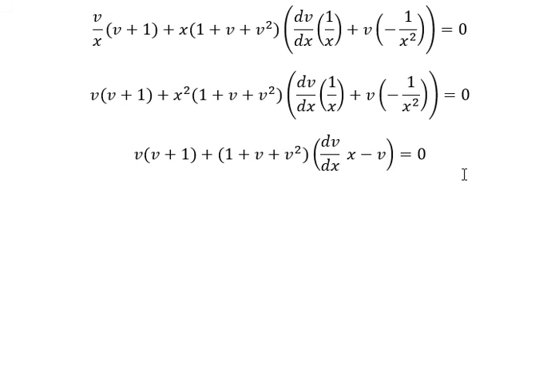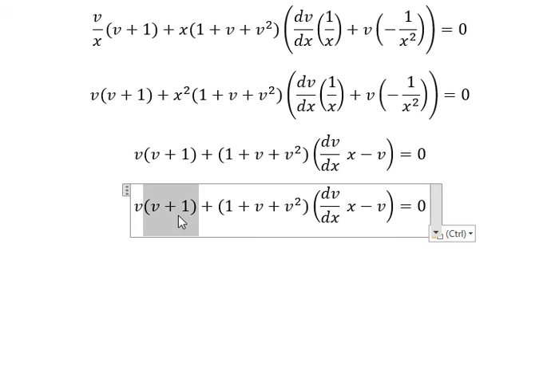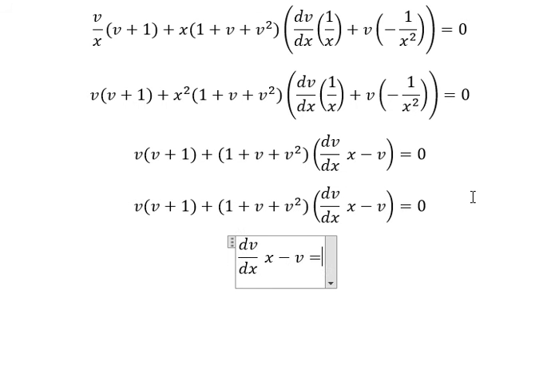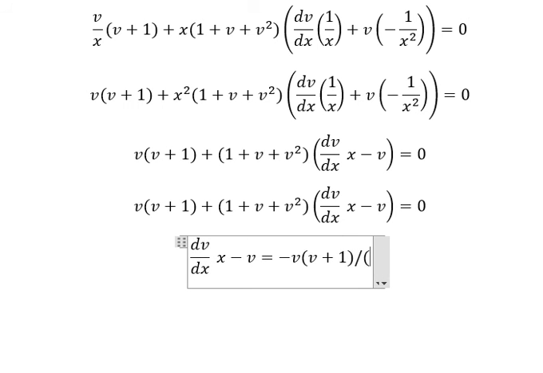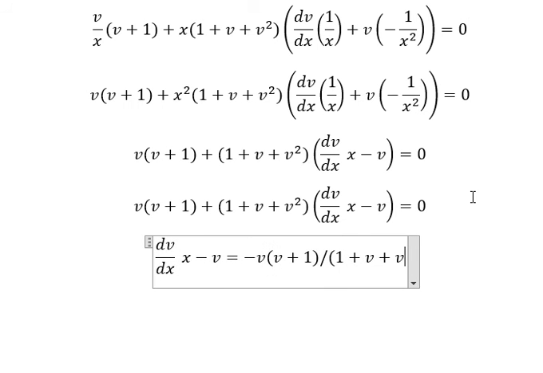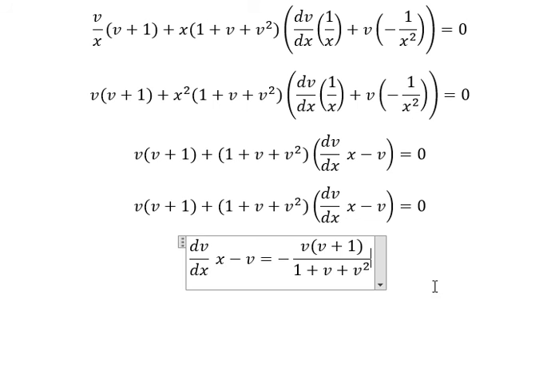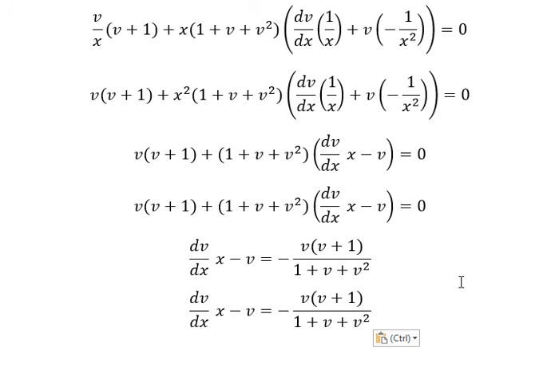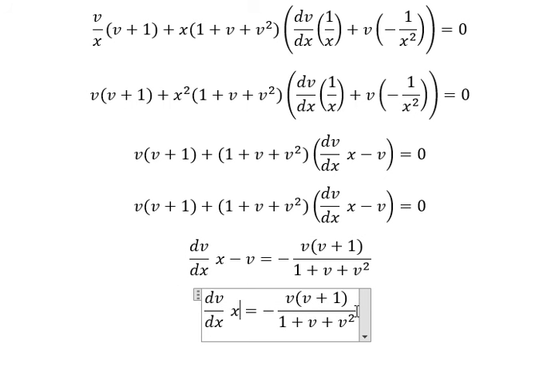Next, I will put this one go to the right and we divide both sides by this one. So negative v I will put on the right, so we have positive v.